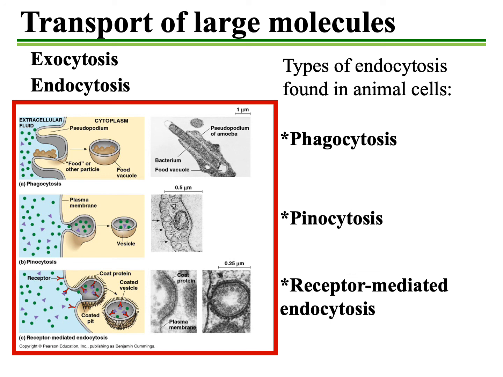Pinocytosis is the next example, and the root pino comes from the Latin meaning to drink. So here what's typically occurring is an impinging of the membrane where you have extracellular fluid, and of course any solutes that are dissolved in that extracellular fluid, coming into the cell. And then lastly, you have receptor-mediated endocytosis.